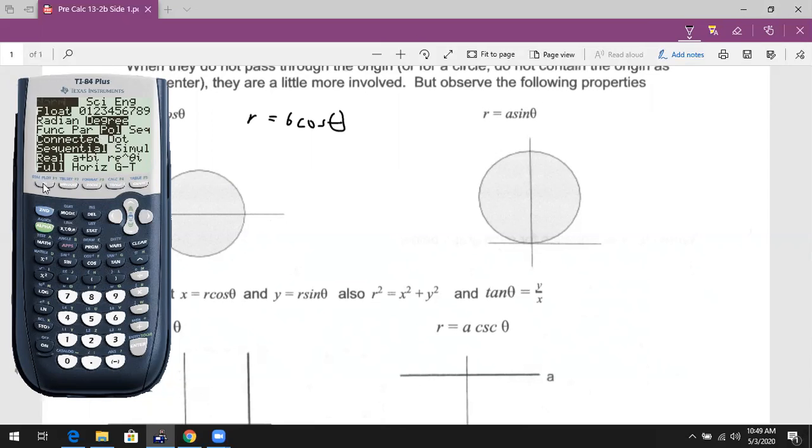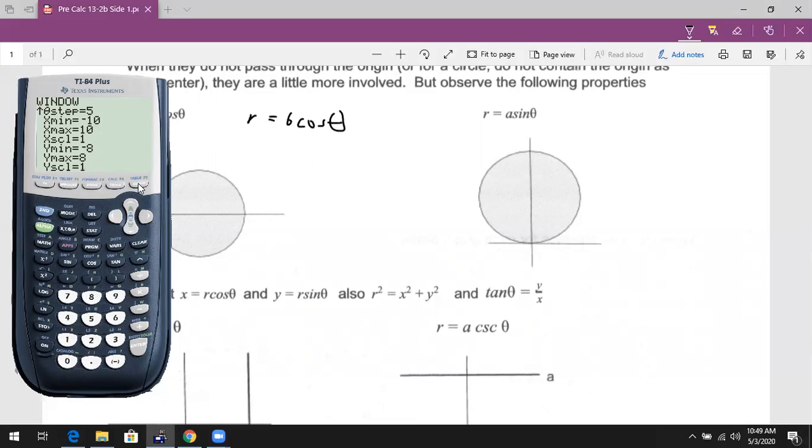And if we go to y equals, I'm going to put 6 cosine theta on there. Since theta represents an angle, we're going to let our window go from 0 to 360. Let's count by fives. My x-min at -10, x-max at 10 by ones, y-min -8, y-max 8 by ones.